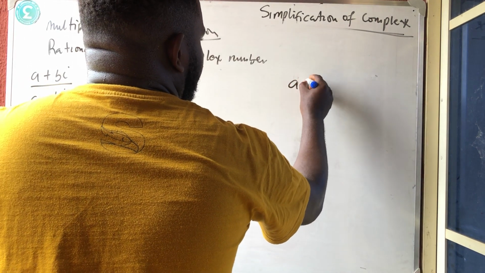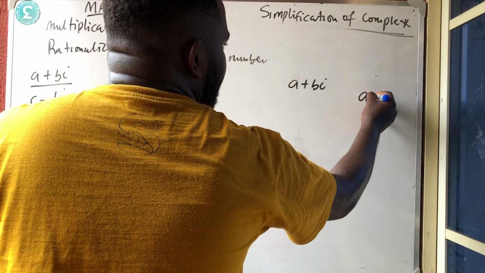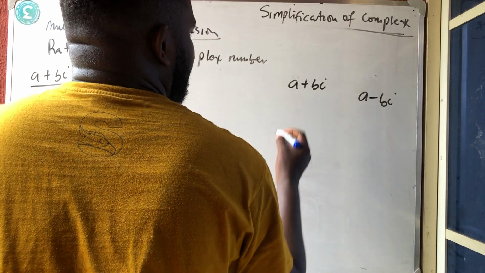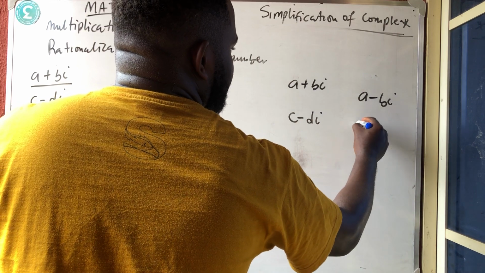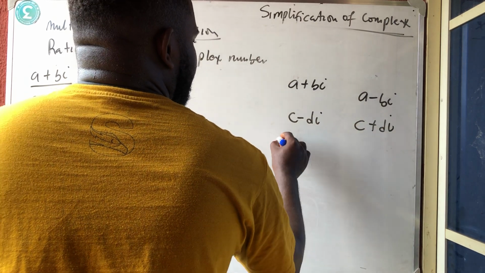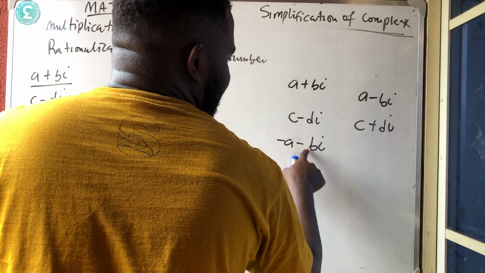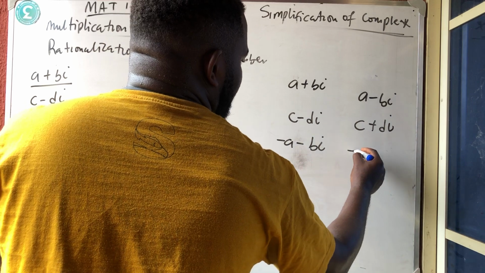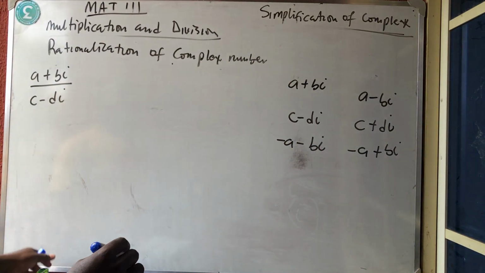The conjugate of a plus bi is simply a minus bi. If I have c minus di, the conjugate is what? c plus di. If I have minus a minus bi, the conjugate is minus a plus bi, since my interest is the i. Okay, so that is that.